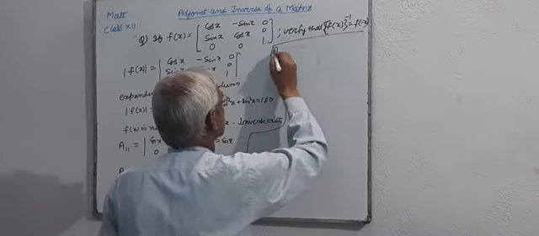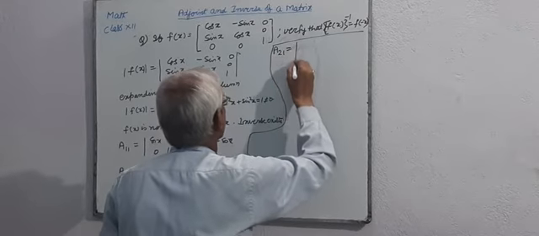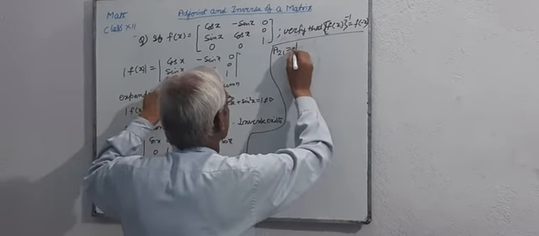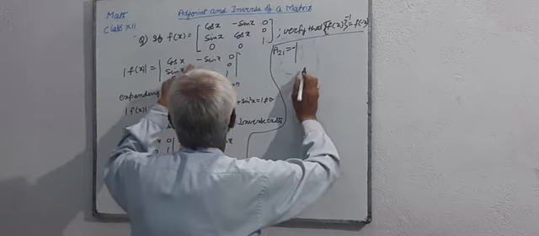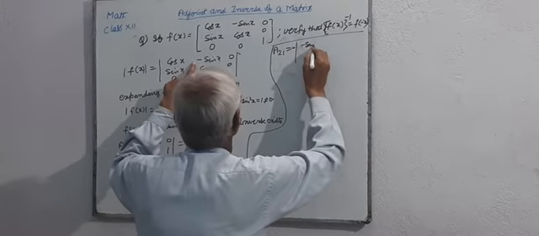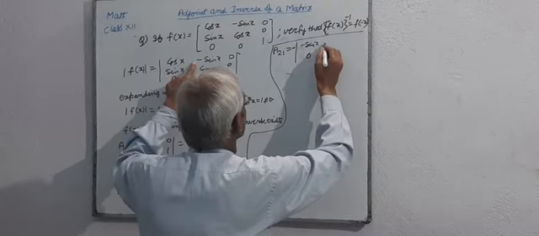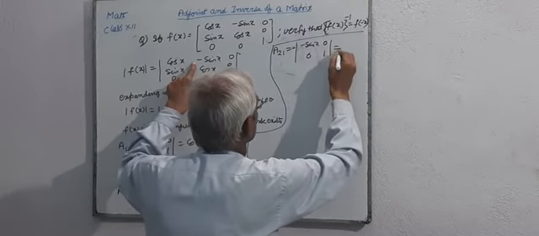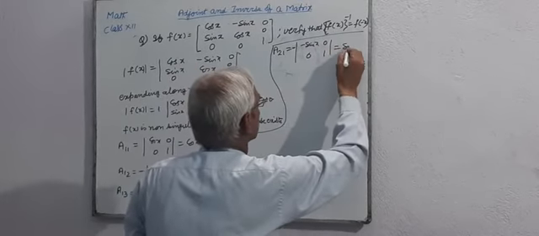A21 equal to minus, sin x, 0; 0, 1, equal to sin x.